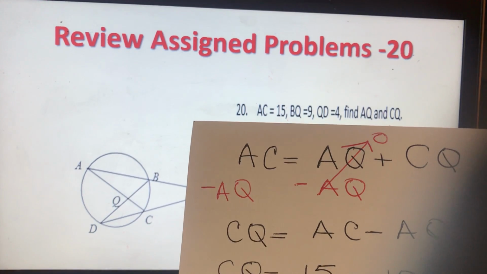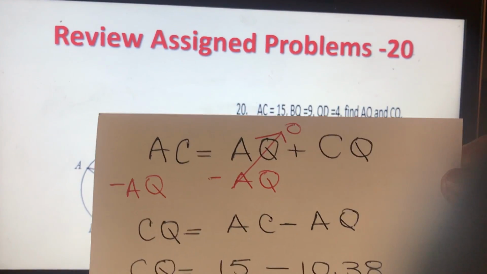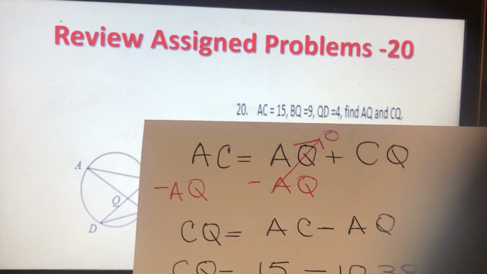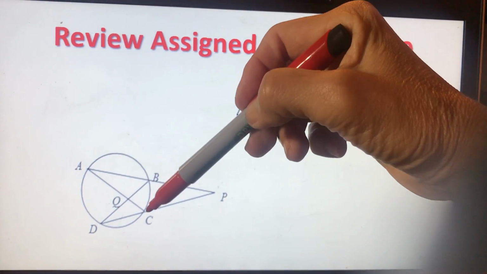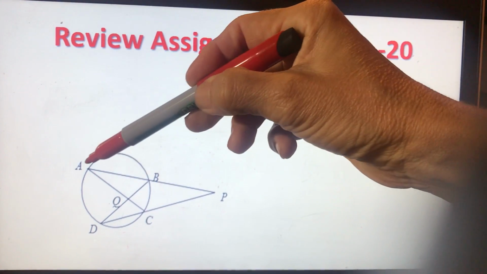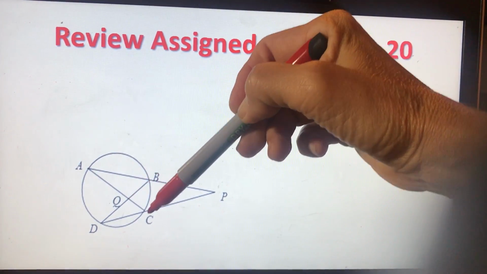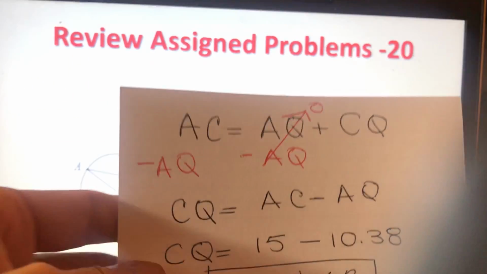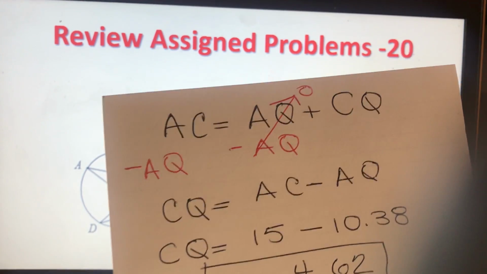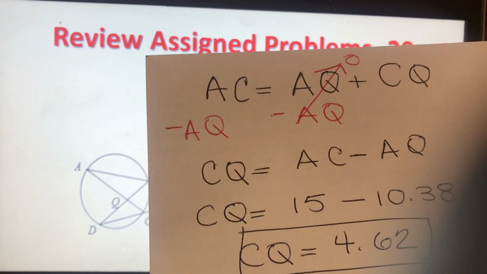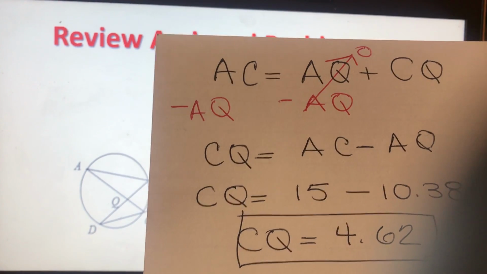Because initially, our line segment, chord, or secant AC is going to be equal to the distance from A to Q plus the distance from C to Q. And this is our initial equation right here. But we need to solve for CQ. So that means that we have to subtract AQ on both sides of the equation.